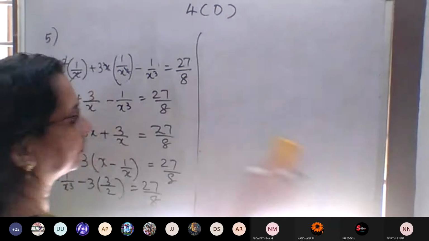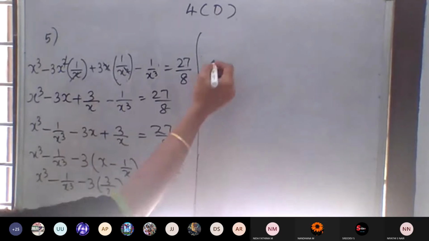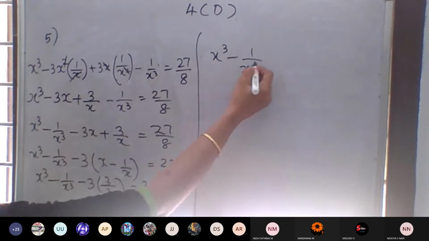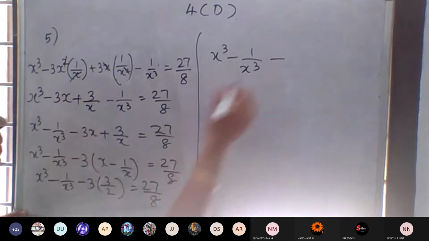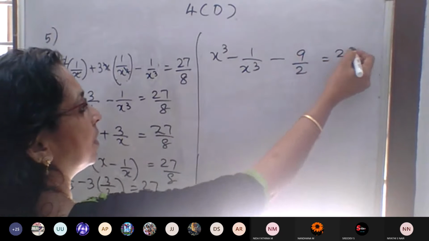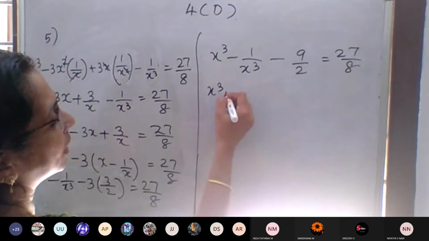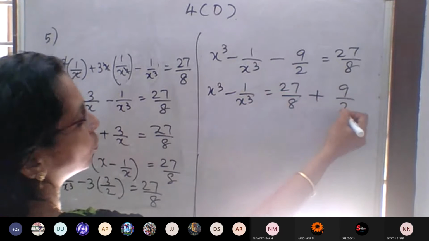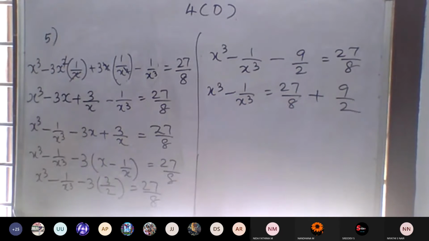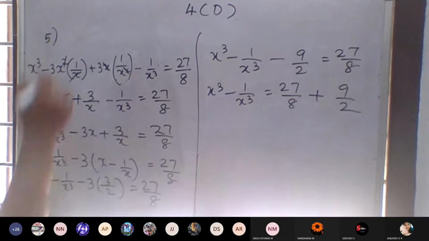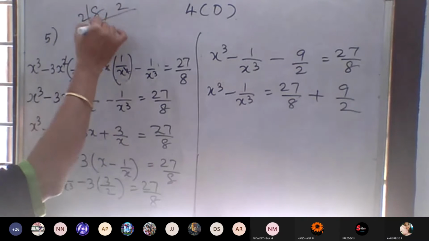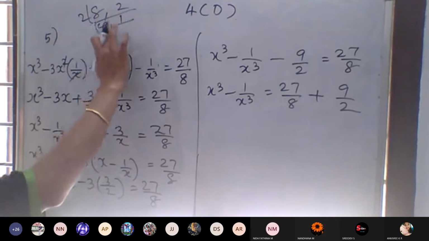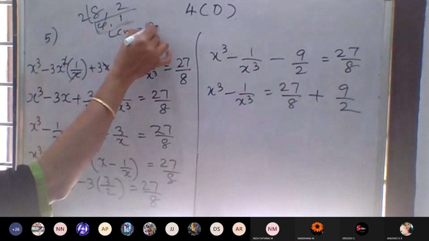Then x cube minus 1 by x cube minus 3 into 3, 9 by 2 is equal to 27 by 8. So x cube minus 1 by x cube is equal to 27 by 8 plus 9 by 2. LCM of 8 and 2 is 8.